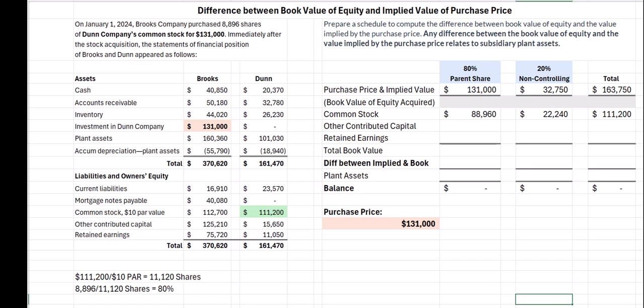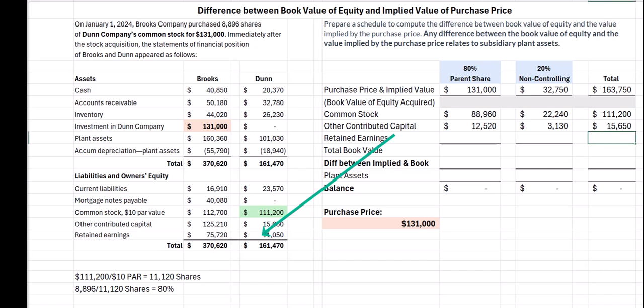Other contributed capital under Dunn is a total of 15,650, and again I'm going to allocate that times 80%, and then the total contributed capital times the 20%.